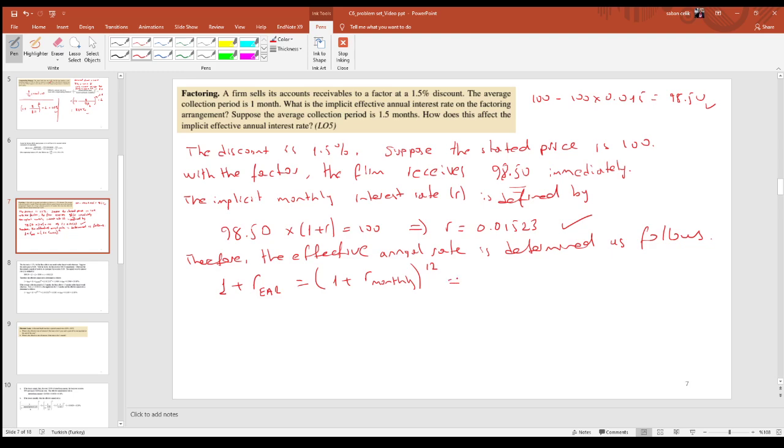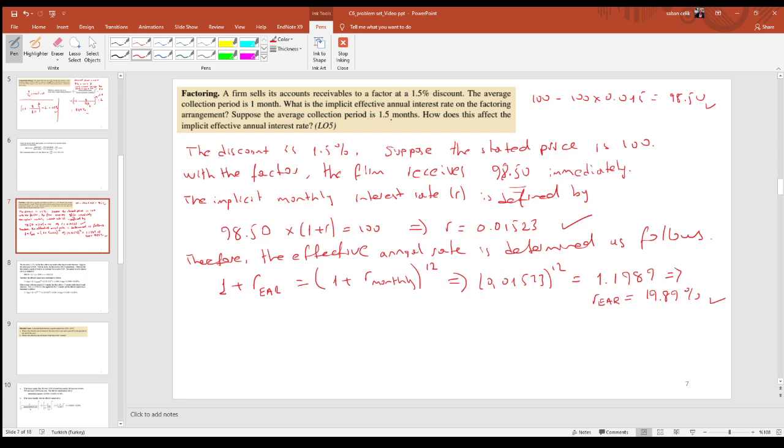So from this, it is going to be 1.01523 to the power of 12, which will be equal to 1.1989, which is equal to the effective annual rate of 19.89% annually.